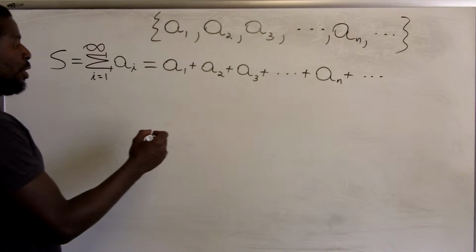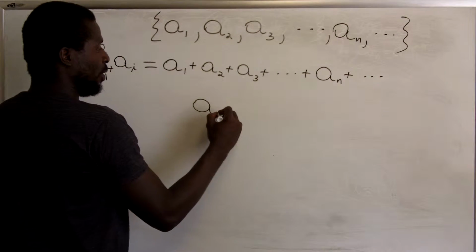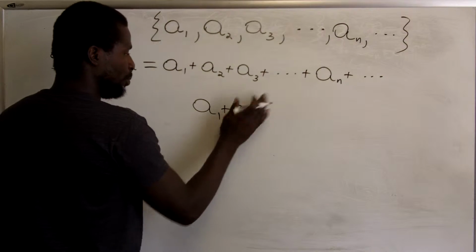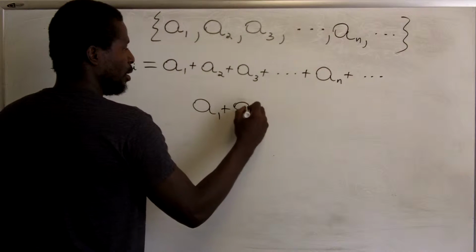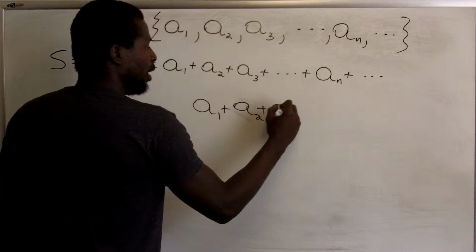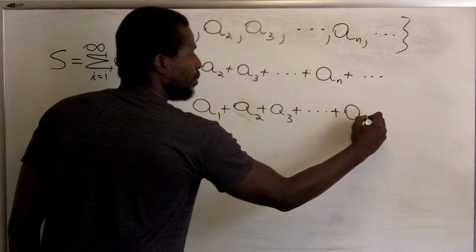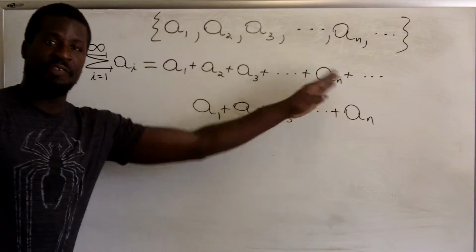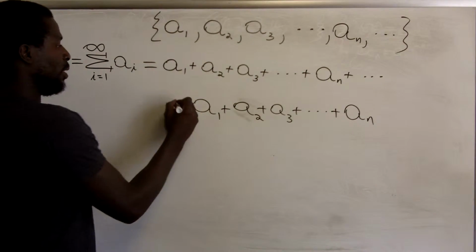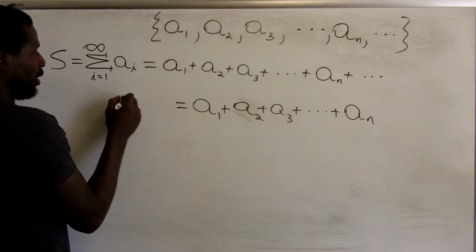And let's say we don't want to do that. Let's say we only take A1 plus A2 plus A3, and we go up to the nth term and stop there. We don't go any further than the nth term. Well, we're going to use the same notation.